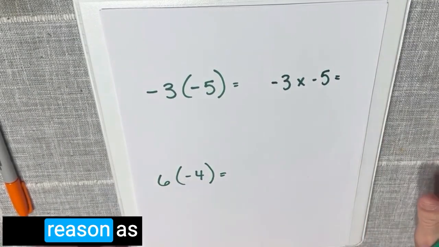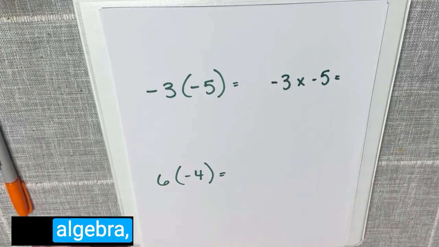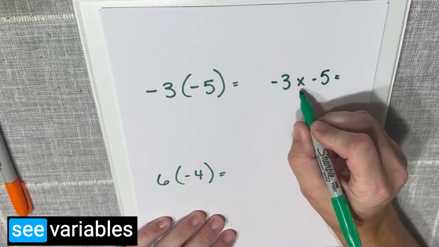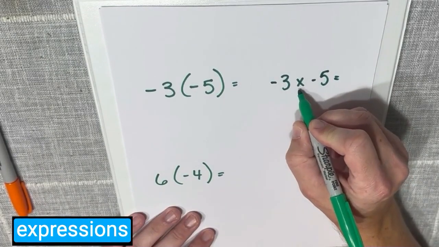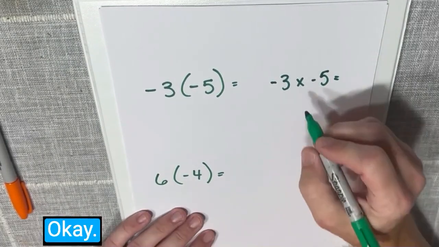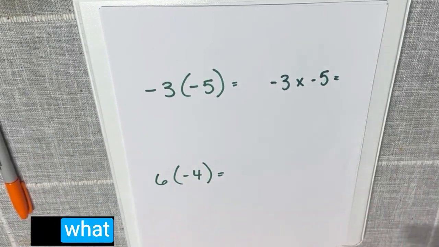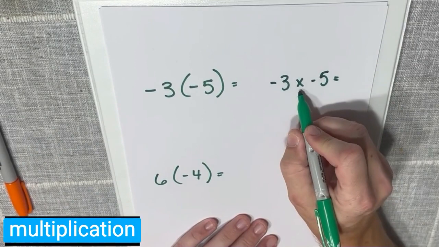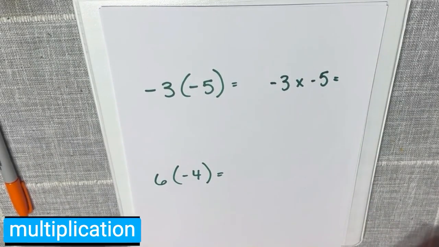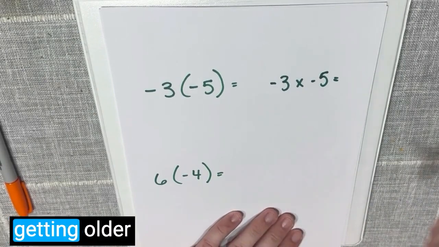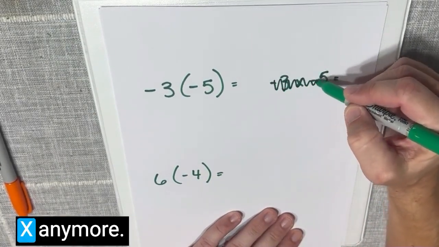The reason they stop using the X as you get older is because when you get into algebra, you're going to see variables, which means you're going to start seeing expressions that have letters in them. A variable or letter that they use a lot is the letter X. So if they wrote multiplication with the X, it would start getting really confusing. Wait, is that an X or is that a multiplication symbol? So as you get into some of the higher maths, they don't use the X anymore.